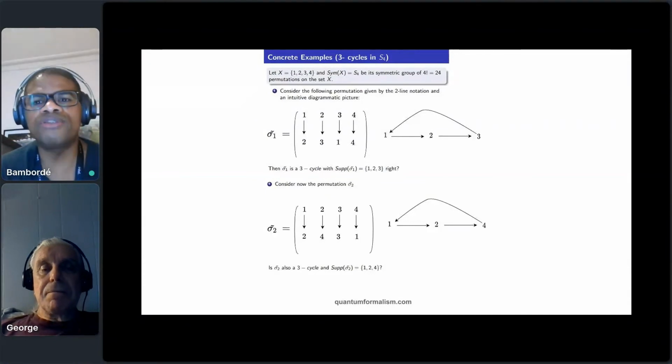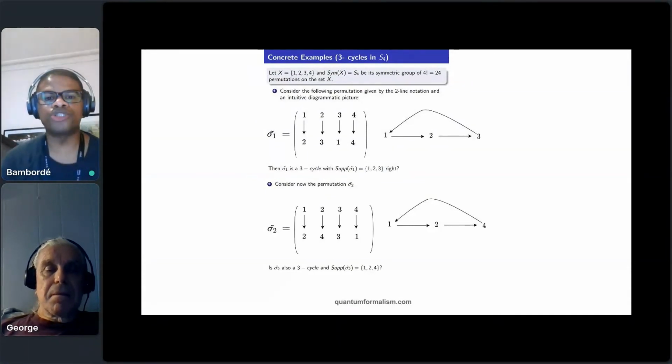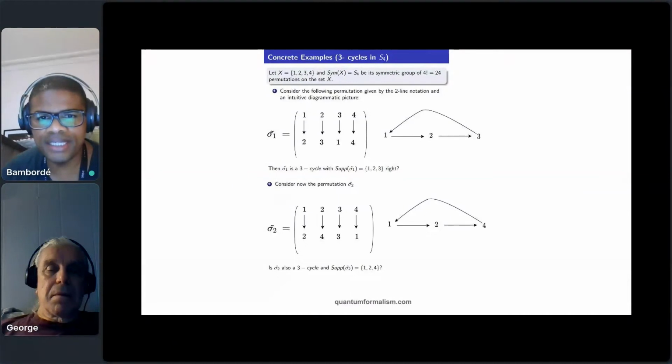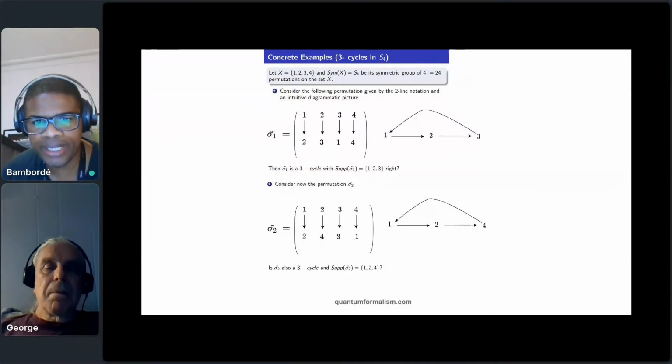Okay, so let's consider S4 again, but let's consider the following permutations in 2 lines together with the diagram, with a new diagram. So again, let's call it sigma tilde 1. What it does, it takes 1 to 2, 2 to 3, but then it takes 3 back to 1 again.